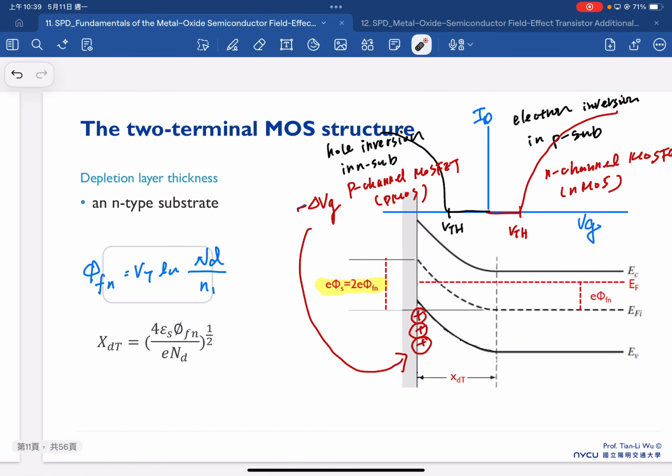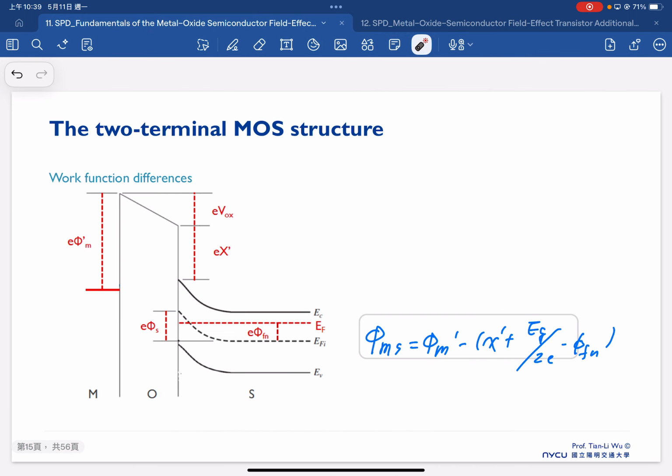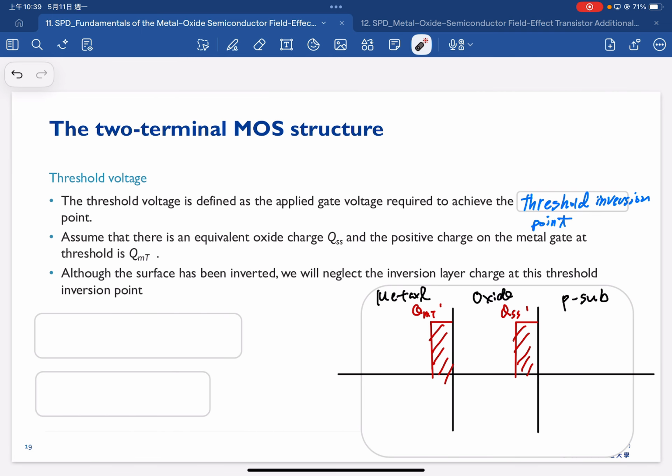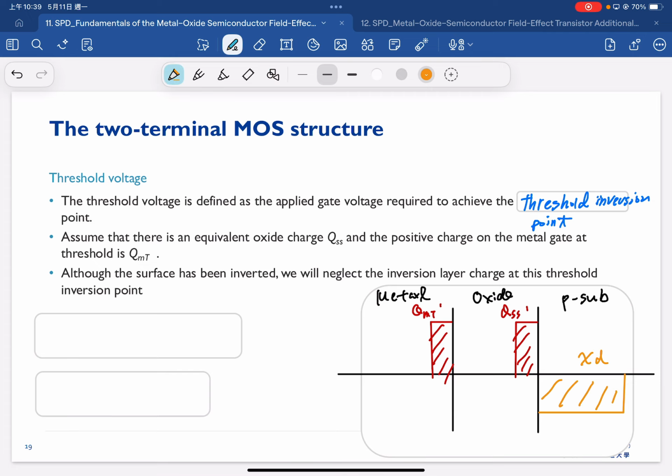Therefore, to estimate the threshold voltage, we consider that our space charge width reaches the maximum point. So this is the total charge in this space charge region.